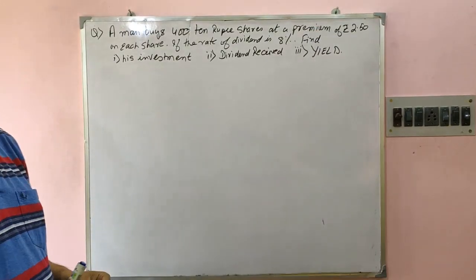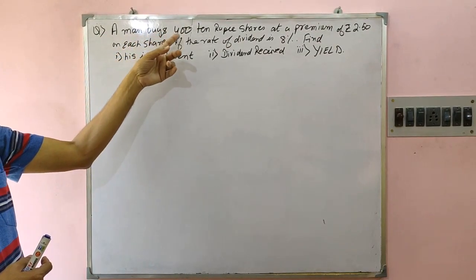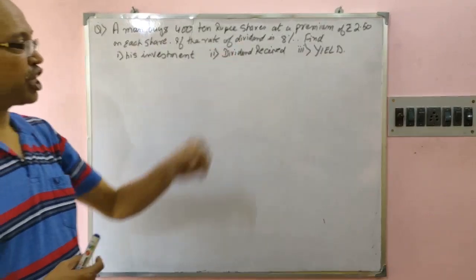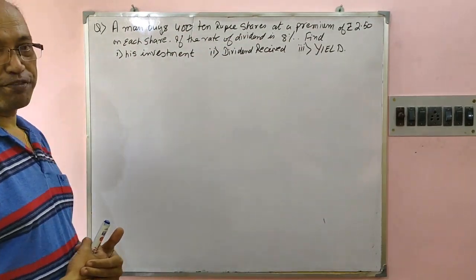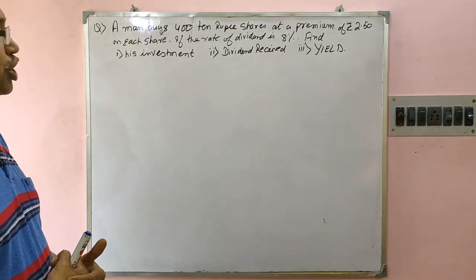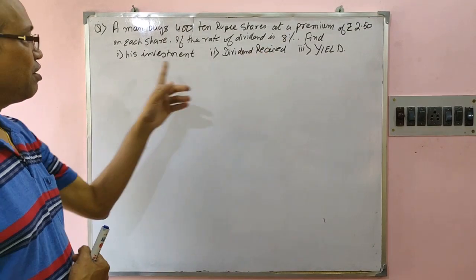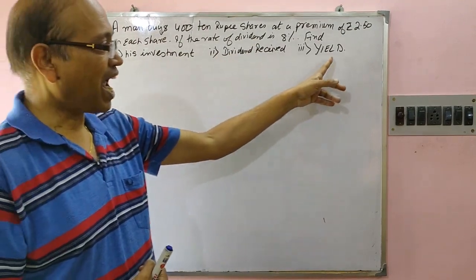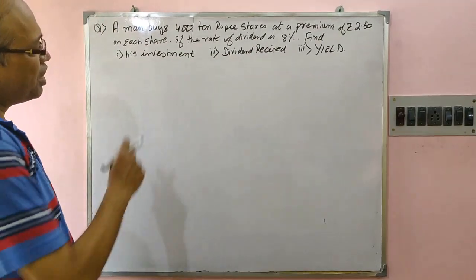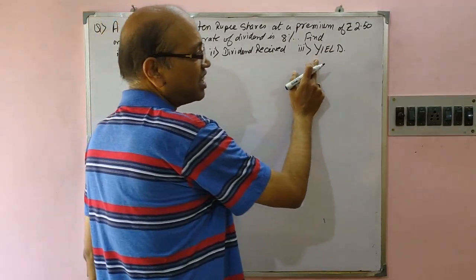Let us move on to the next question. A man buys 410 rupee shares at a premium of rupees 2.50 on each share. If the rate of dividend is 8%, find his investment, dividend received and yield. Investment we understand, dividend we understand, then what is yield?